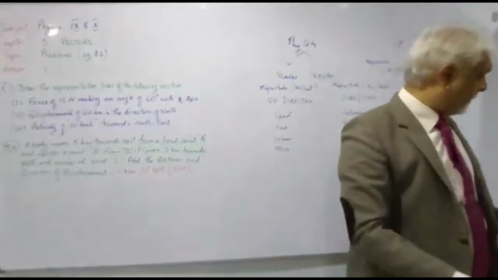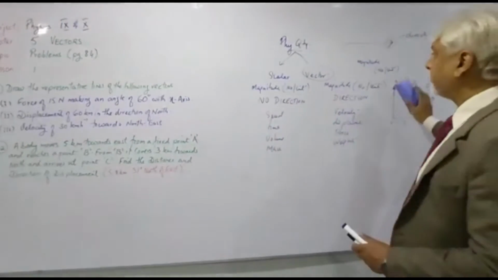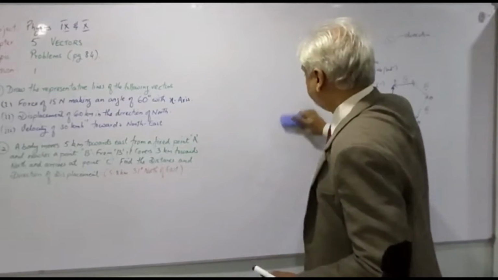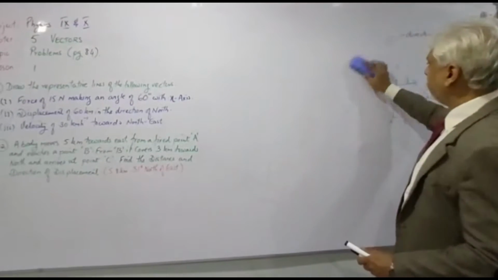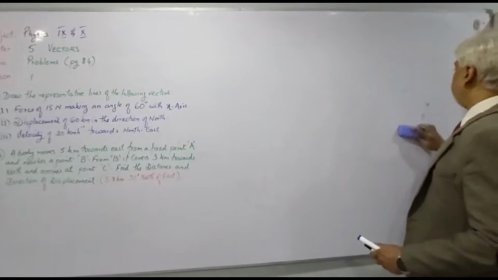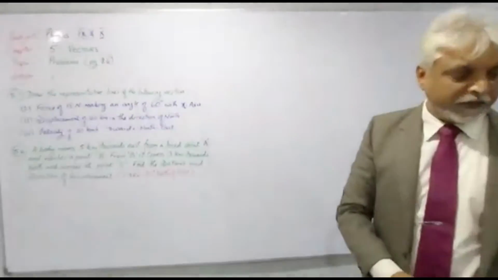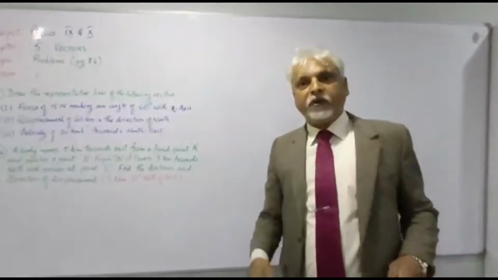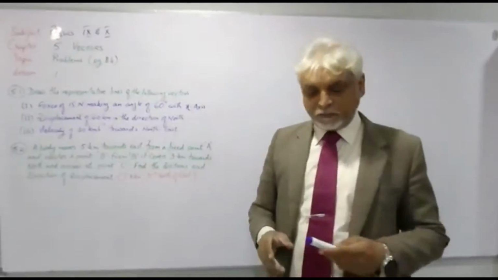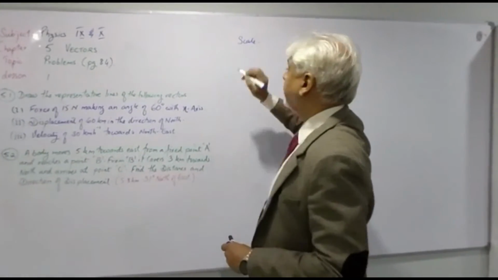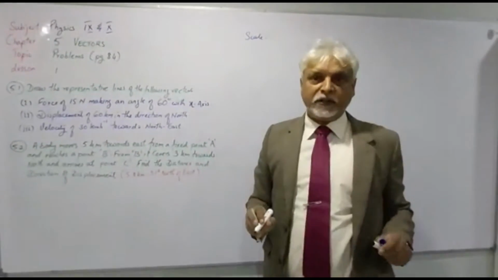As I said, for a vector you need magnitude, which means a number, and unit for the specification, and the arrowhead indicates the direction. But when you are drawing a vector, you need to know two things. Number one, the scale, and the second thing is the direction indicator.